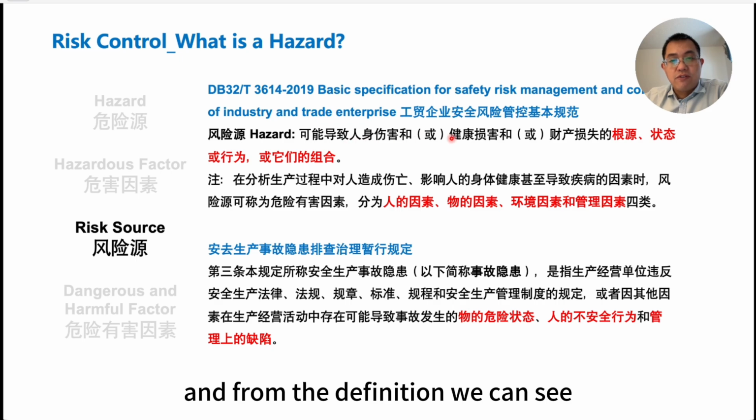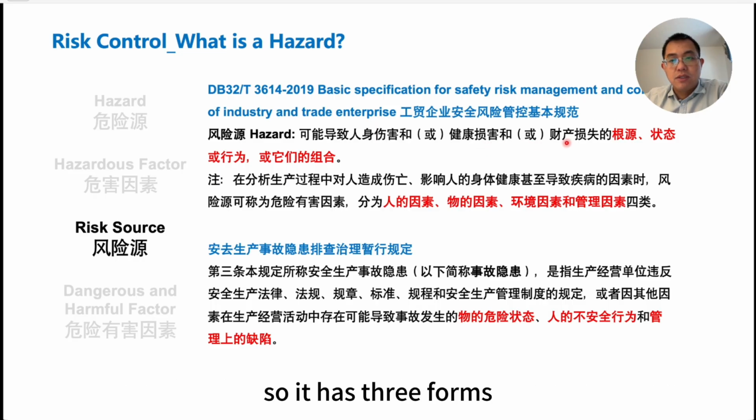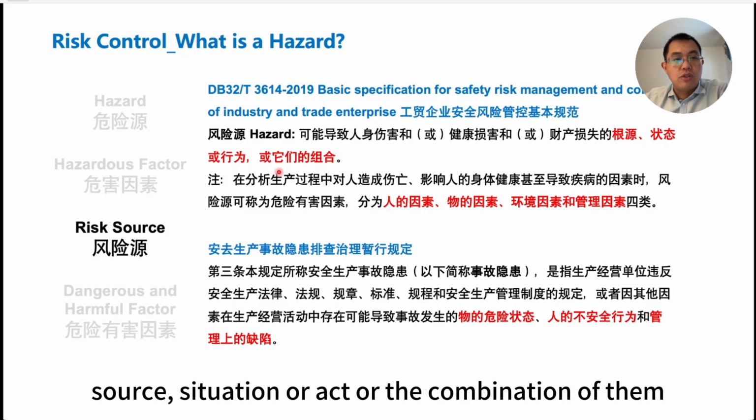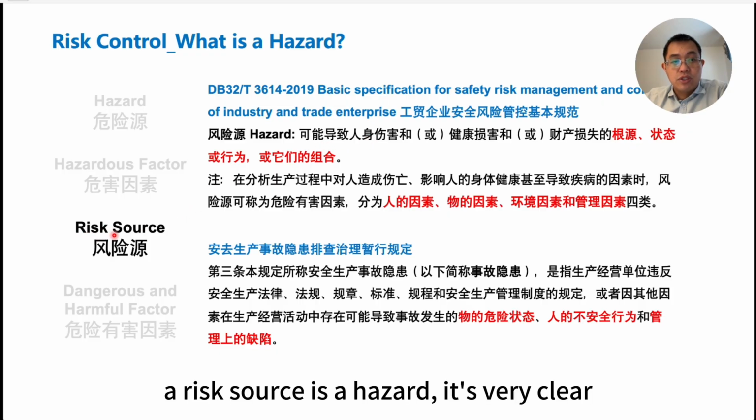And from the definition, we can see it is the same as the one in the old Occupational Health and Safety Management System. So it has three forms: source, situation, or act, or the combination of them. So based on the definitions, a risk source is a hazard.